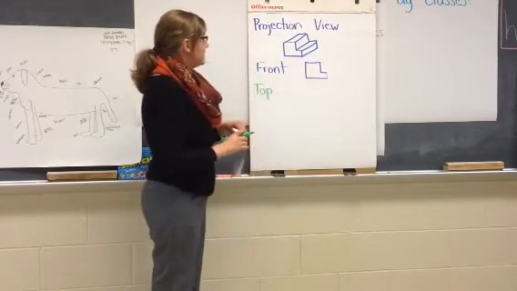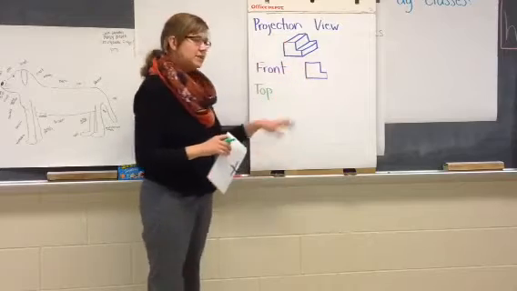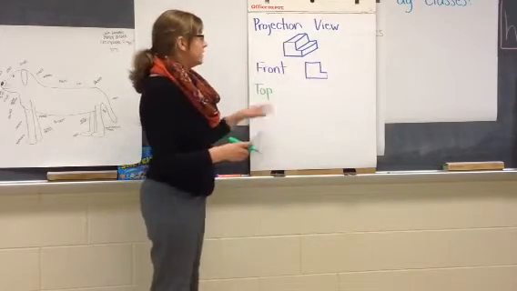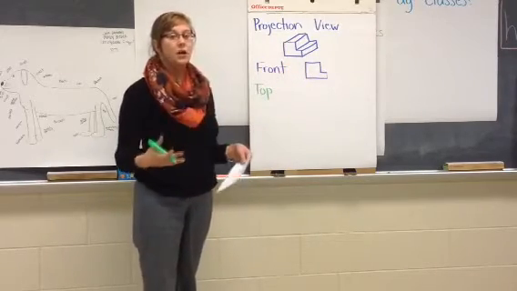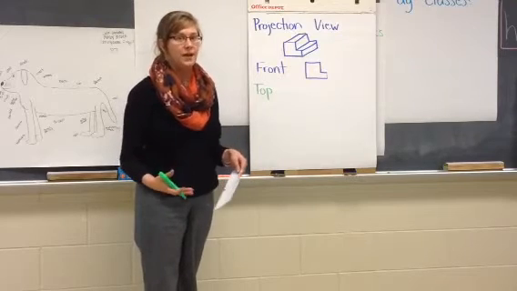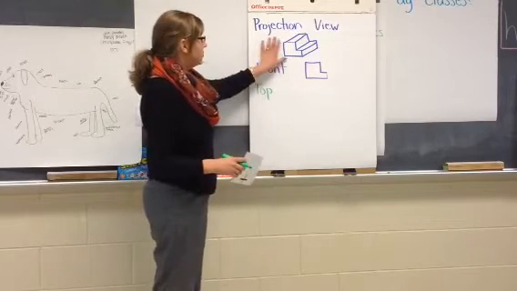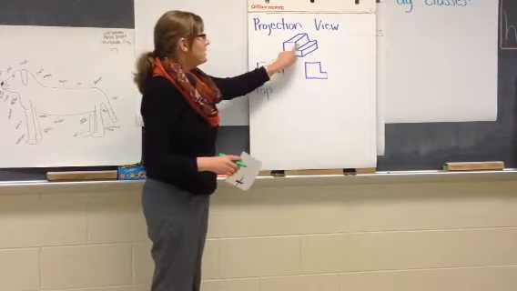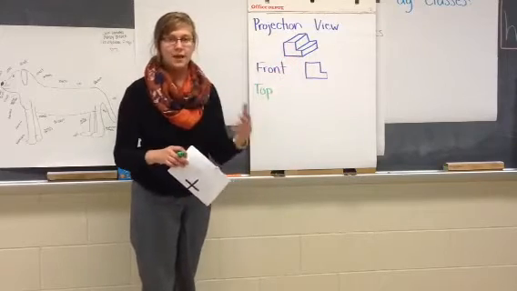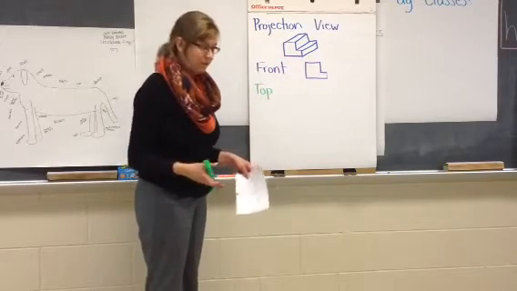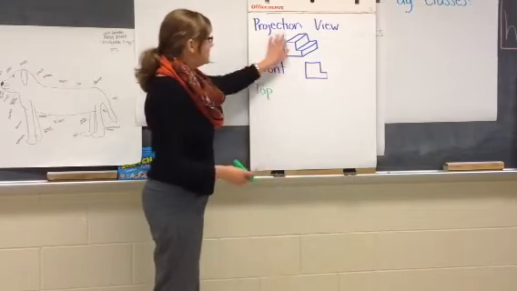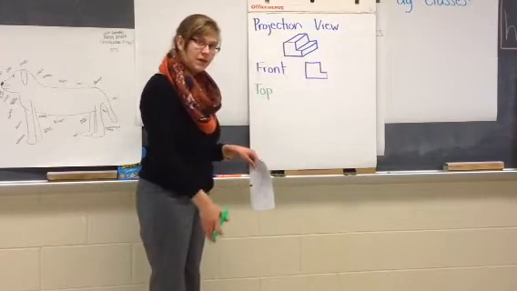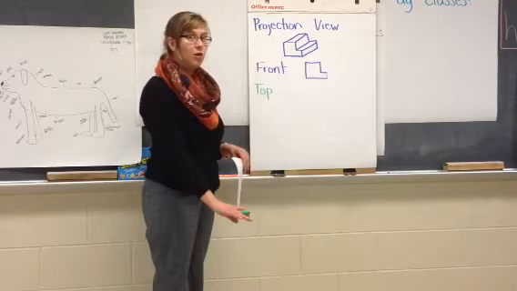Now you'll notice that these have all been solid lines so far. This is going to continue to be solid lines. These solid lines are called object lines. That means if I were to actually look at this, they're lines that would be visible to me. Nothing's hidden. These are what I can actually see. If I were to look down at this stair step, I would see that crease between that top plane and that lower plane.